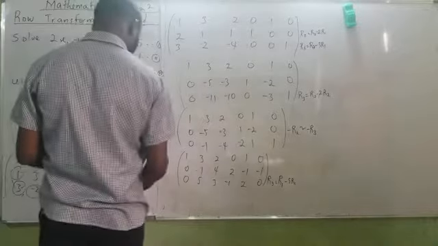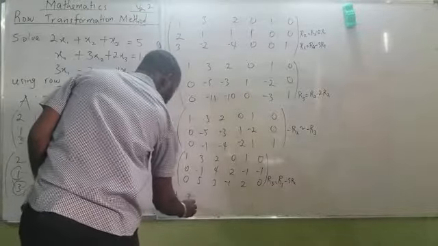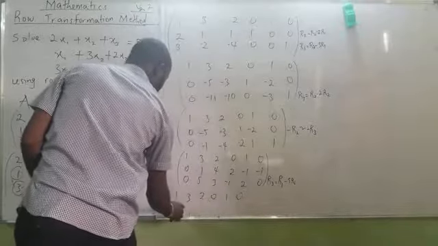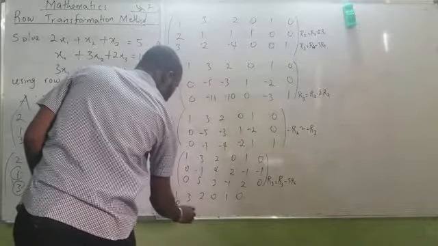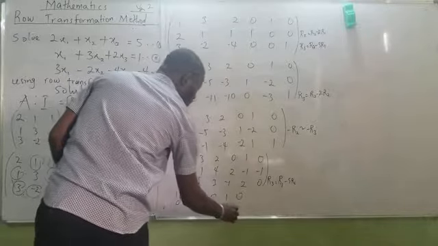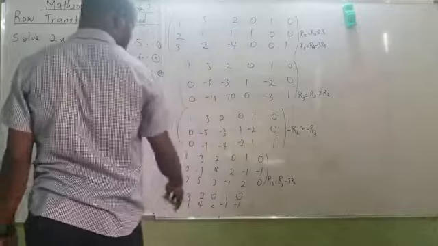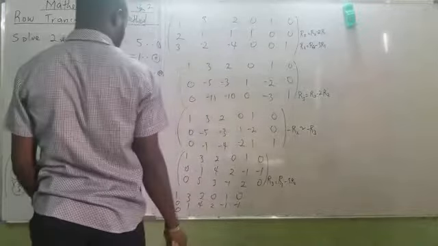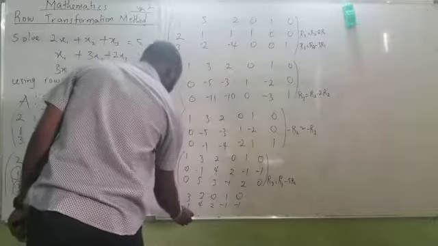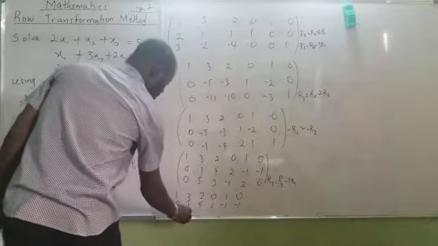Now, which it will give me 1, 3, 2, 0, 1, 0, and here will be 0, 1, 4, 2, minus 1, minus 1. And the other one will give me 0, and it will be equals to 0. That is 0, sorry about that.